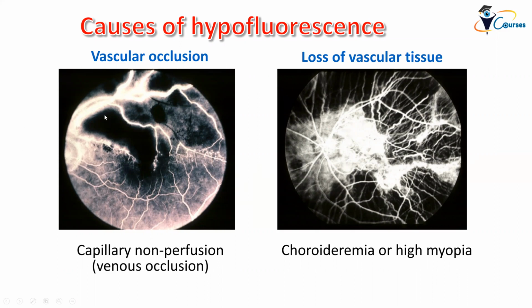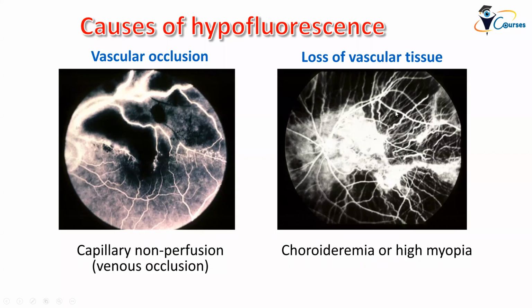There will be occlusion of the blood vessels, so the area of the retina supplied by these blood vessels is not perfused. It will show no fluorescence, it will show hypofluorescence. This is called capillary non-perfusion or capillary dropout. It is due to occlusion of the blood vessels.